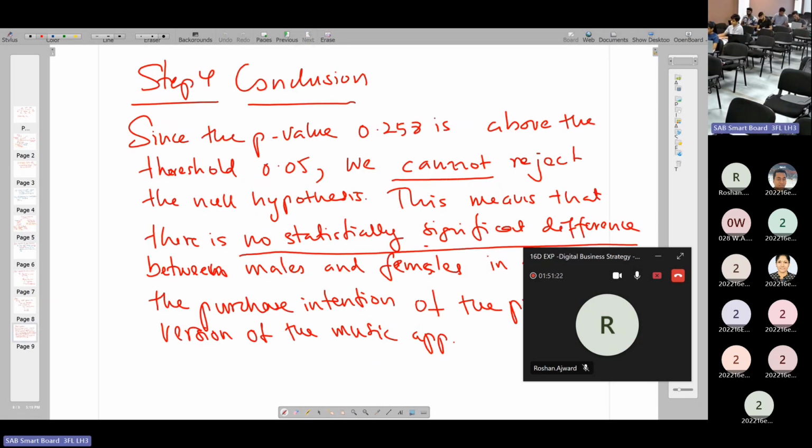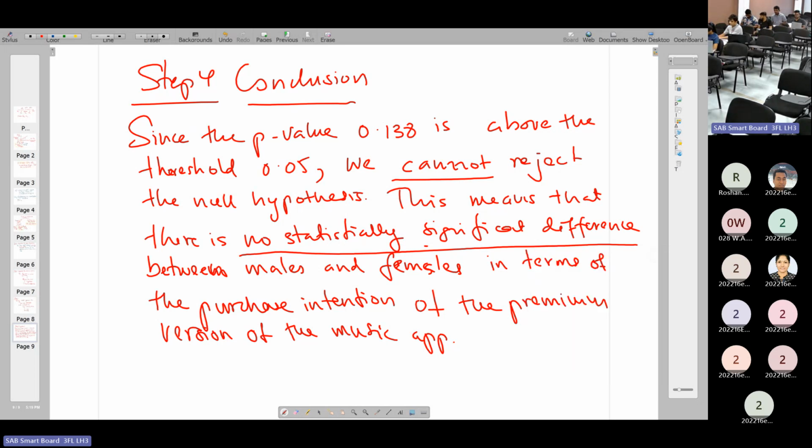Since the p-value 0.132 is above the threshold 0.05, we cannot reject the null hypothesis. This means that there is no statistically significant difference among the marital groups.